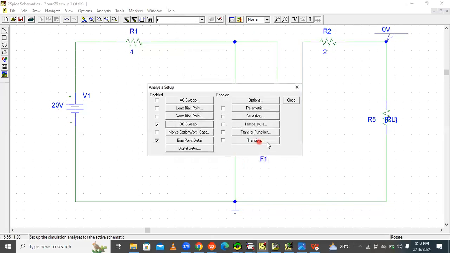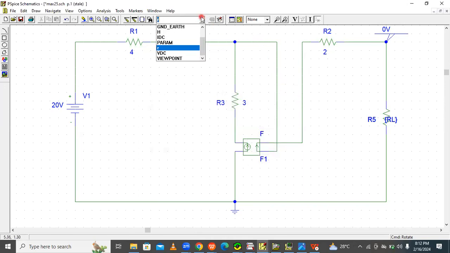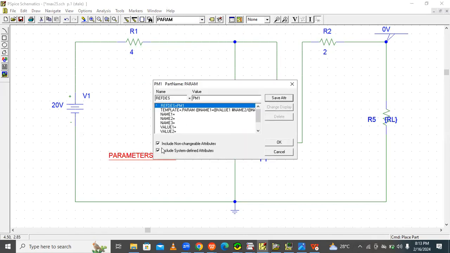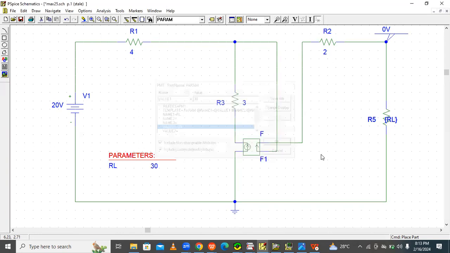Okay, then close and take one parameter, place it here, open this parameter, name of the variable parameter is RL, save, alter, and then next value, for example, 30. Take any value like this and then simulate.